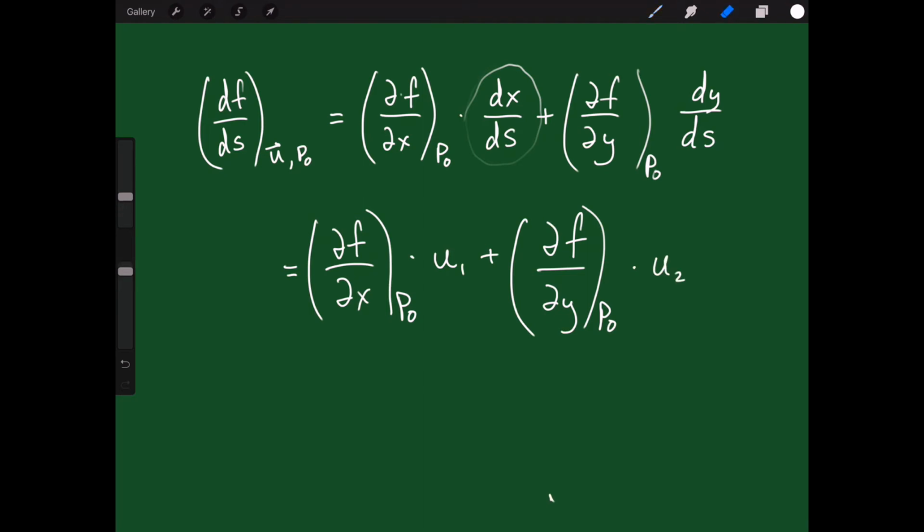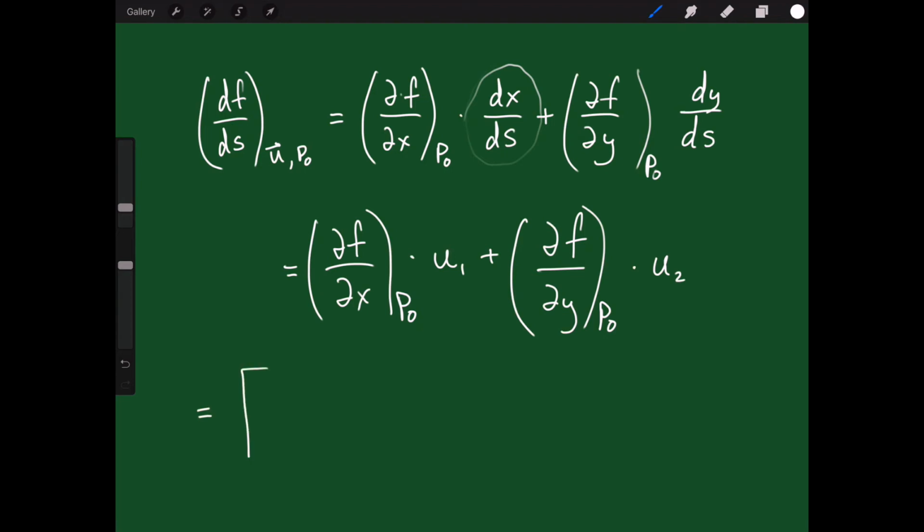Okay? Now, I want to simplify this just a little bit more. Notice that this kind of has the form of the result of a dot product. Let me write it out and see if you agree.